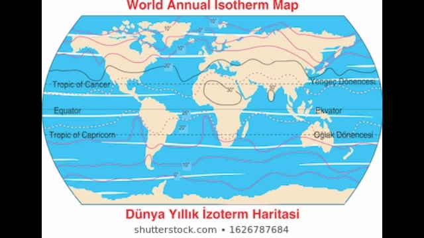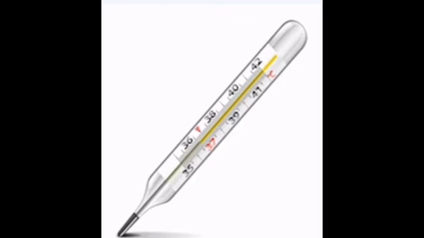Isotherms generally appear parallel to the latitudes. In the southern hemisphere they are fairly parallel to the latitudes. In the northern hemisphere, the distance between isotherms varies, leading to the curved nature of these lines.